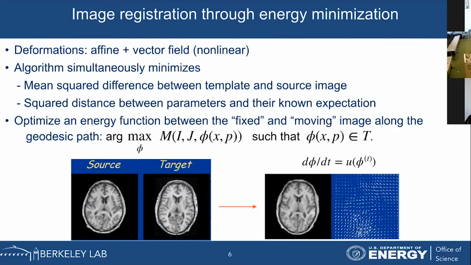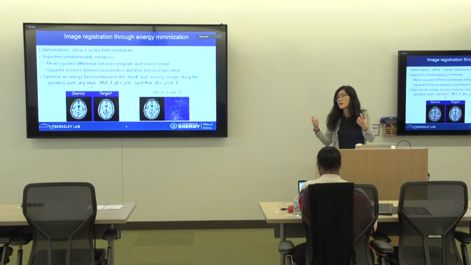If you look at this optimization function, the M indicates the mutual information, and we want to maximize the mutual information among this mapping. The I and J are the fixed and moving images, and phi is the transformation or mapping function. It's basically a time-varying function.